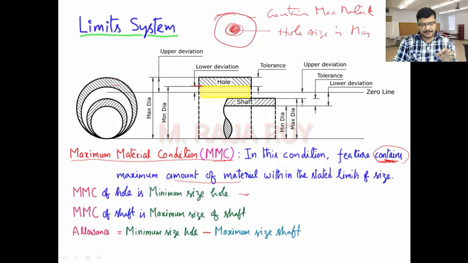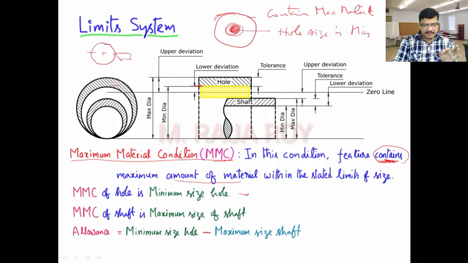Coming to the shaft, so this is the shaft. When I am machining this particular shaft, if I start removing material here with the cutting tool and go on increasing the depth of cut, then the material it contains will decrease. It has to contain maximum material, which means that is the maximum diameter I have to maintain.